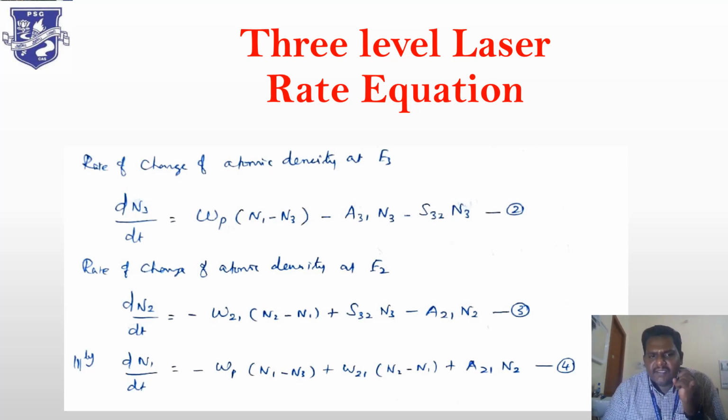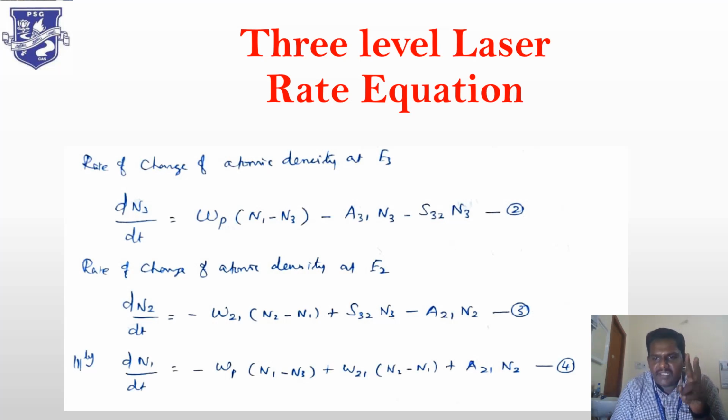Let's look at the three transitions in the E3 state. Initially, there is one pumping. The pumping helps us move an enormous number of atoms from E1 to E3, so it's a transition towards E3. Then there are two spontaneous emission transitions: one from E3 to E1, another from E3 to E2.